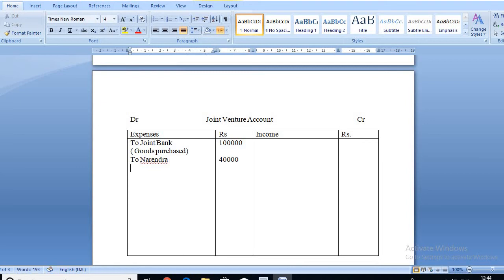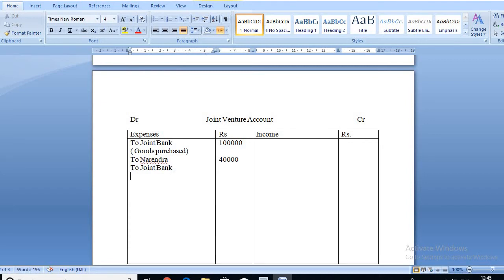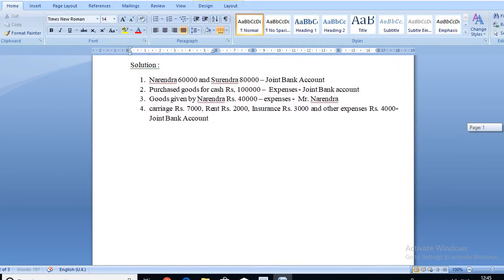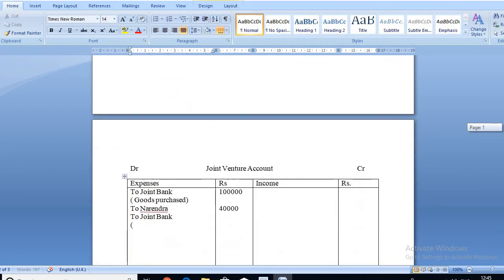Here, joint venture account. Who paid all these expenses? Joint bank. So write down joint bank account. In bracket, you can write carriage, rent, insurance, and other expenses. If you want, you can write; otherwise, it is not compulsory. How much carriage? 7,000.